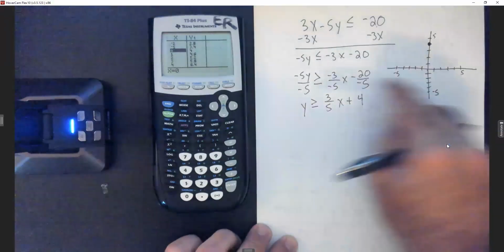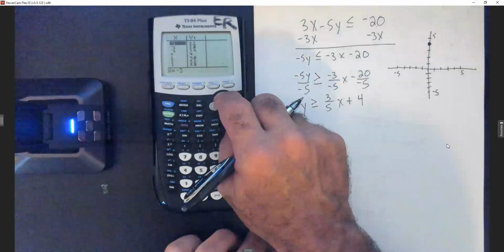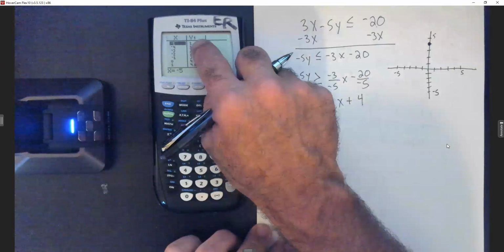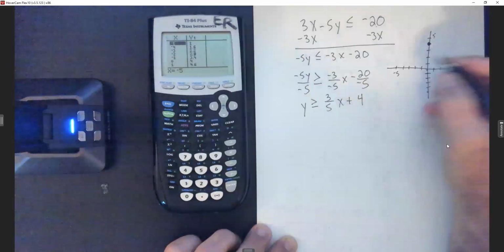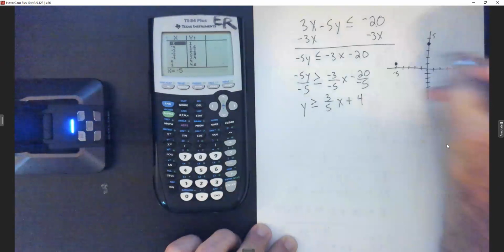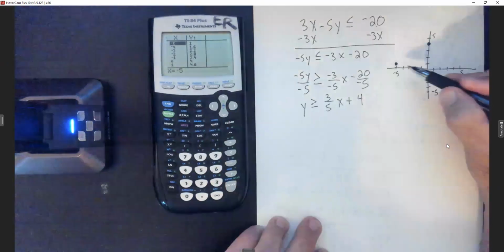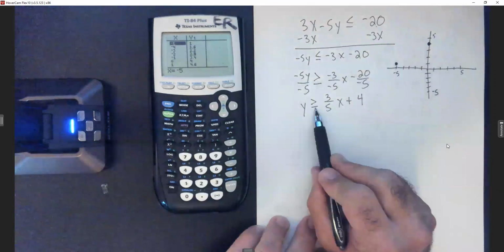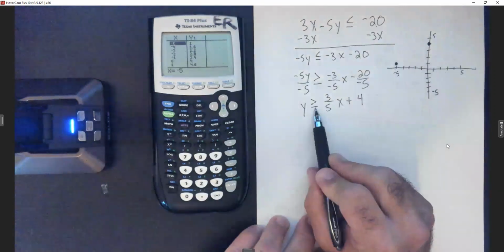So I'm going to go the other way and find, so that's a nice number, -5, 1. So over here at -5, I would go up 1. Now, do I want a solid line or a dotted line? Well, since we got an equals under here, we want a solid line.